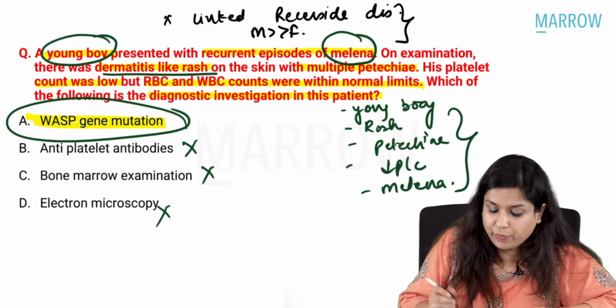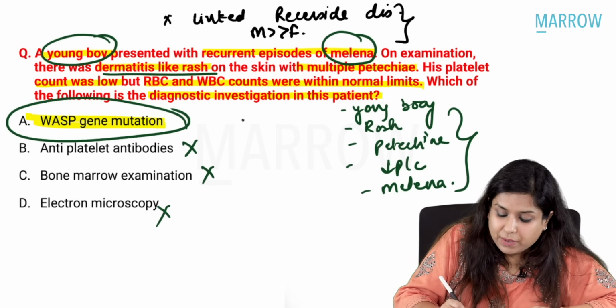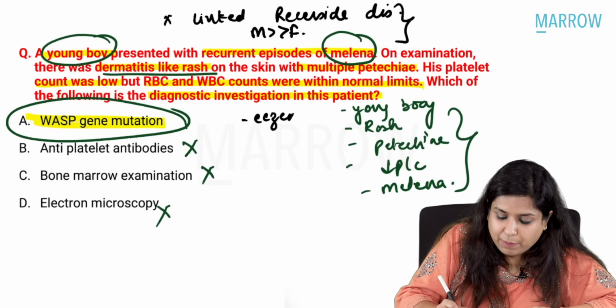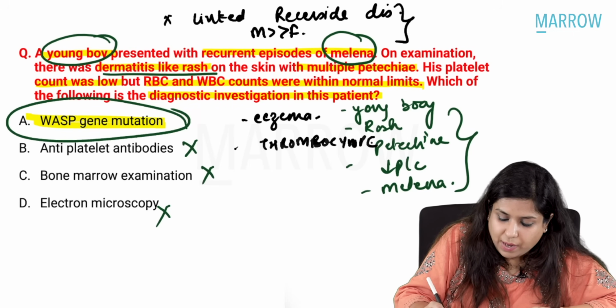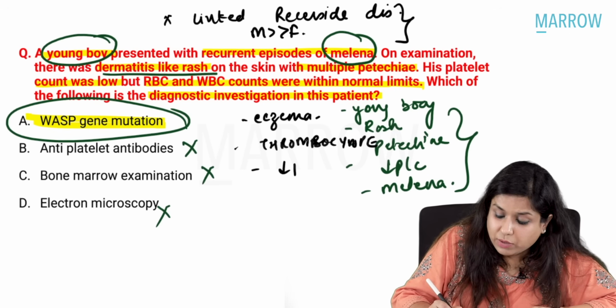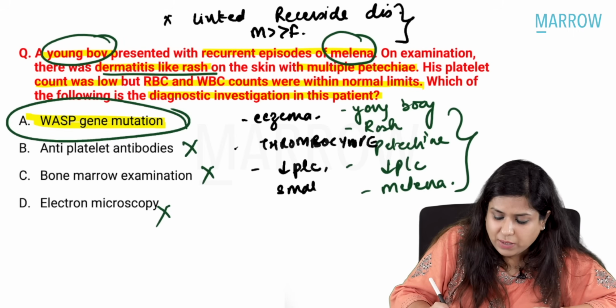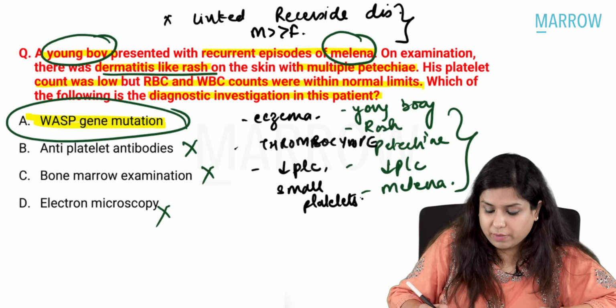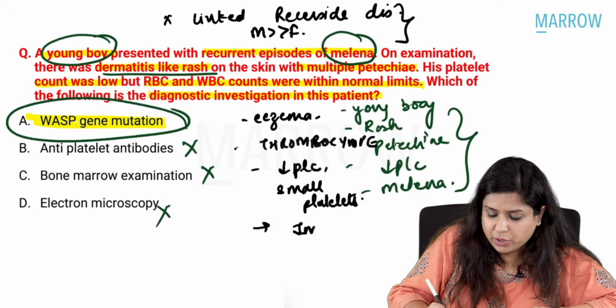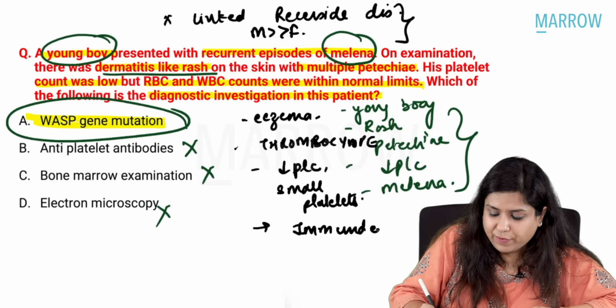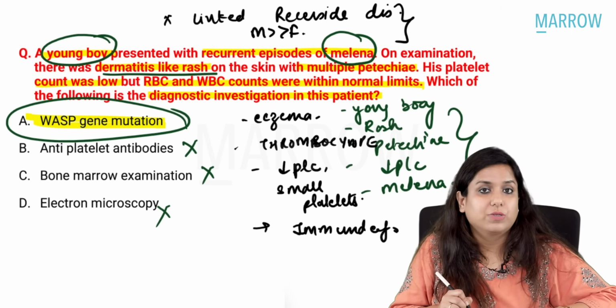I have already told you the triad: the patient has got eczema, the patient has got thrombocytopenia, that is low platelet count, along with small size platelets. The platelets are very, very small, right? And along with that, the patient has got immunodeficiency. There is a T cell defect in this patient, correct?